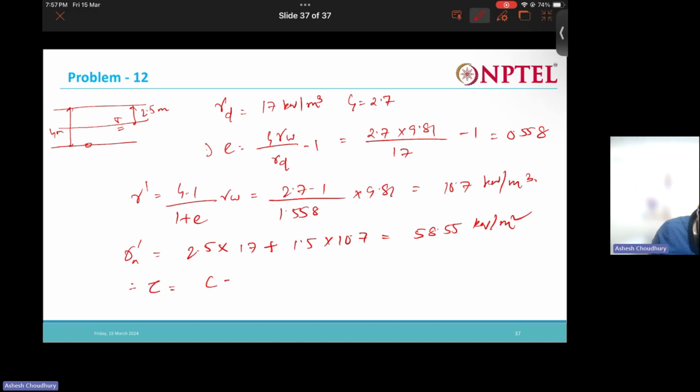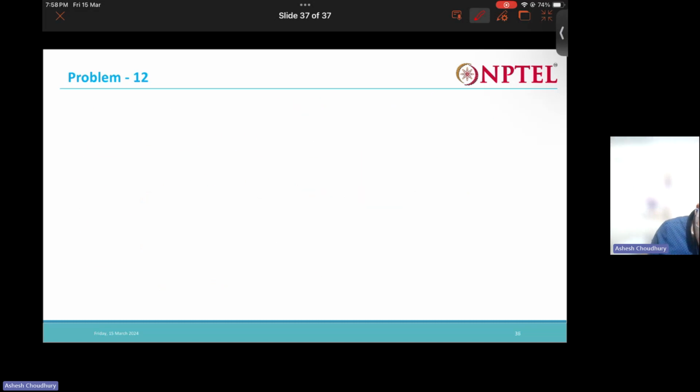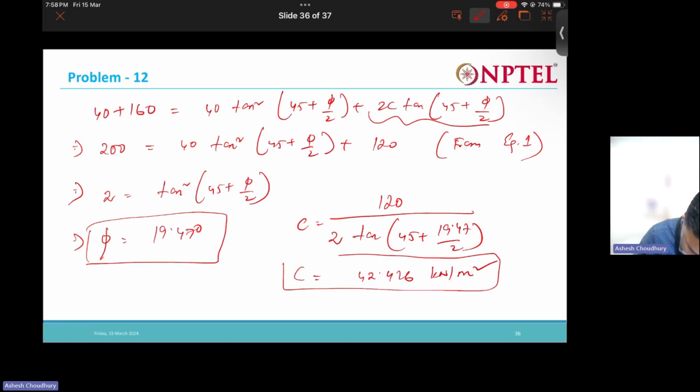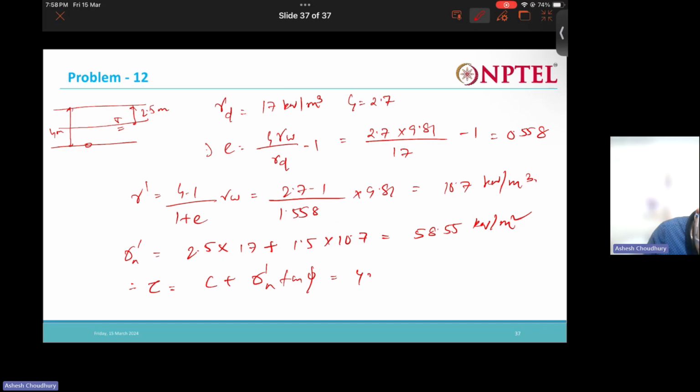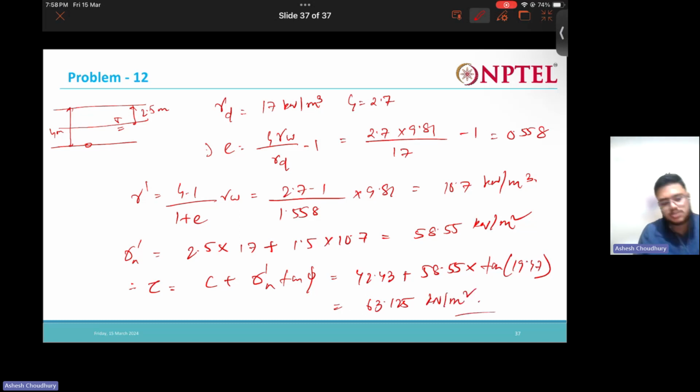Okay, now just put the value. The C value was 42.426, so 42.43 plus the effective stress times tan phi, that is 19.4, we get 63.5. So this is the answer.